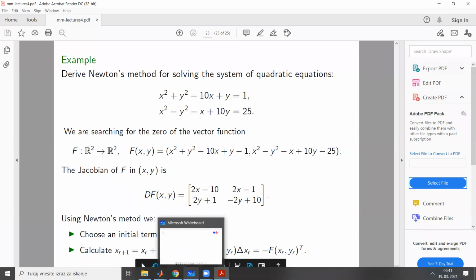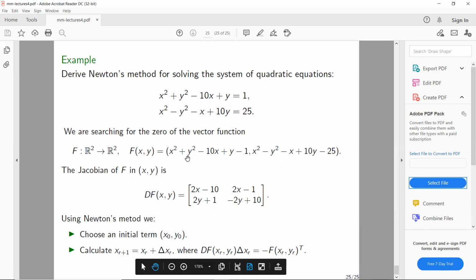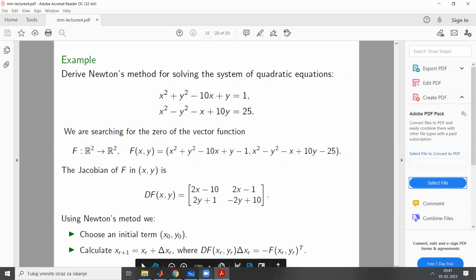Okay, so before we look at this Gauss-Newton method for rectangular systems, let's say another application of this Newton's method. This application is in Newton's optimization.